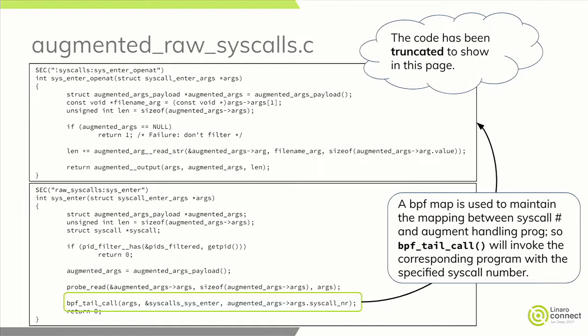Because it creates an eBPF map that maps the system call number to one specific eBPF program. For example, for the openat system call, there is a specific eBPF program to handle this system call's arguments.